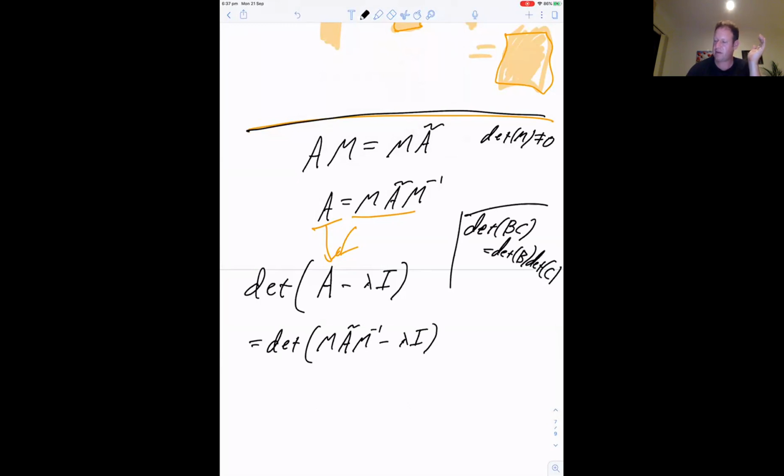Keep in mind, we're speaking about square matrices. So determinants factor like that.